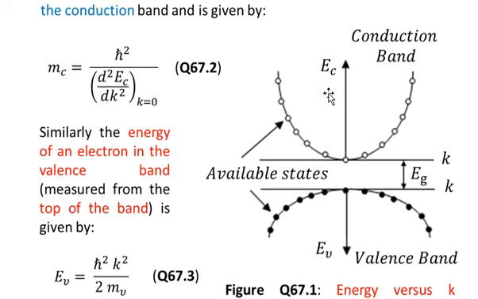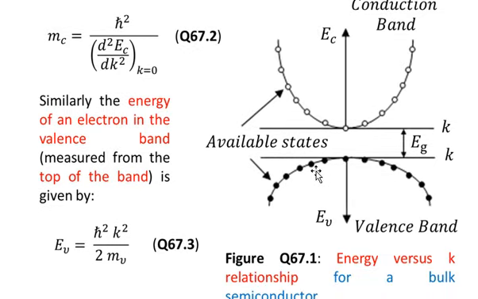Usually we choose the reference to be the top of the valence band, for example, this point. Then E_C, that is the electron energy in the conduction band, will be equal to the energy gap E_G plus the energy in the conduction band. So these will be discussed also in the text.